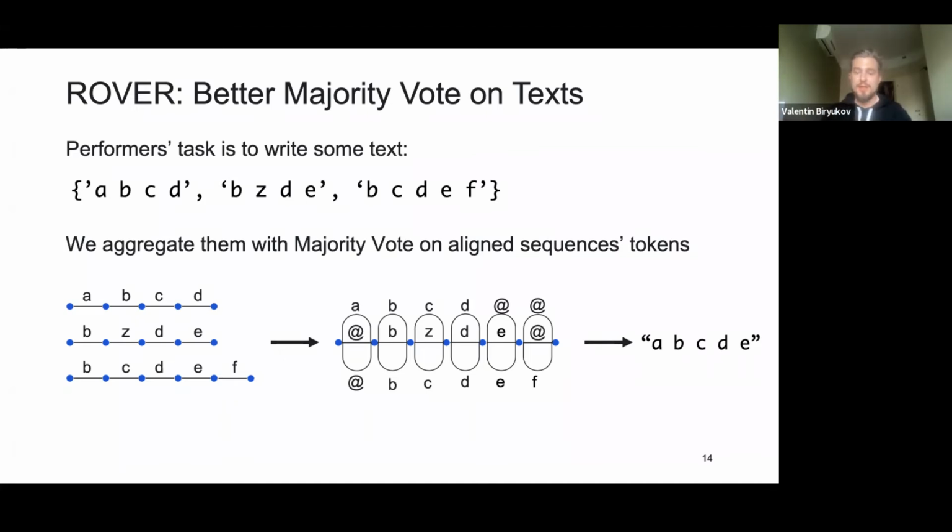So if they use this algorithm, they may choose at every step something like a majority vote again. They need to align our sequences, and in every step they choose the most common value.